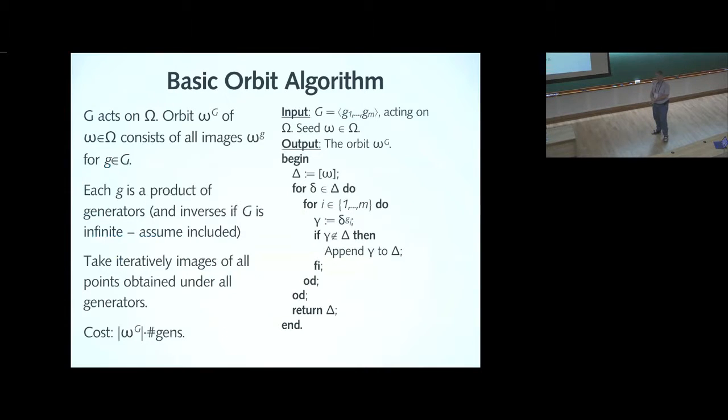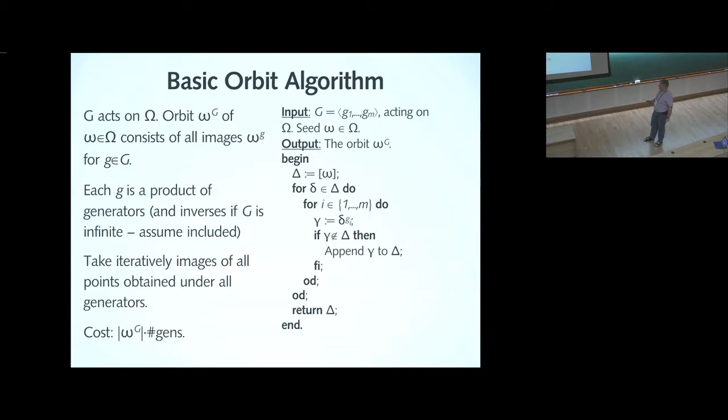How can we calculate an orbit? So let's assume we have the group acting on omega. The orbit consists of all images of the point omega under group elements. But I want to give the group only by generators. Every group element is a product of generators. Well, if the group is infinite, I also need to take inverses of the generators. For simplicity, let's assume the generator set I have includes already inverses of the generators.